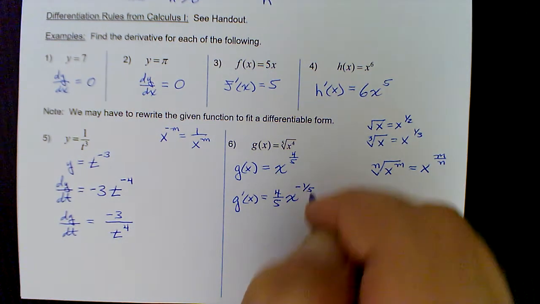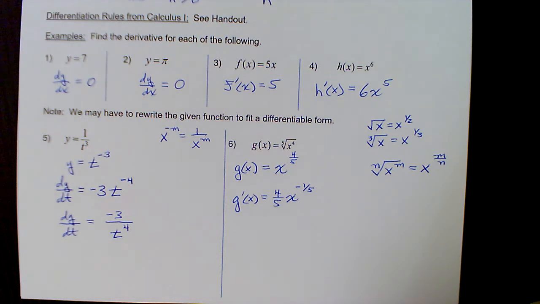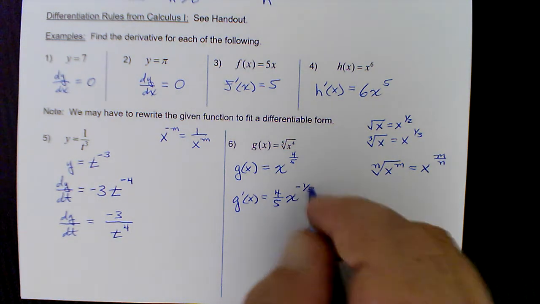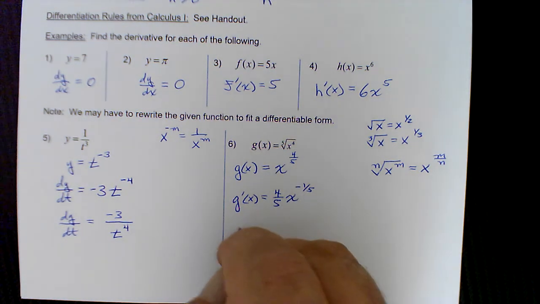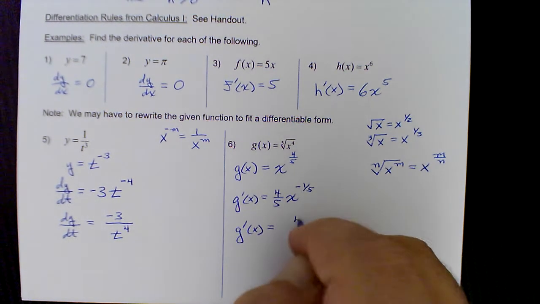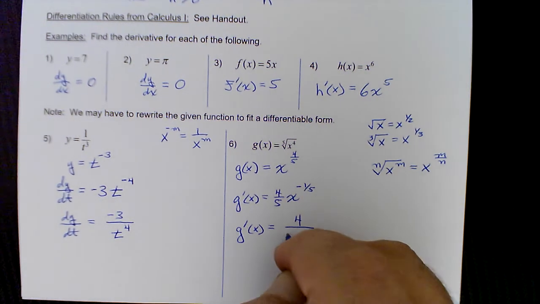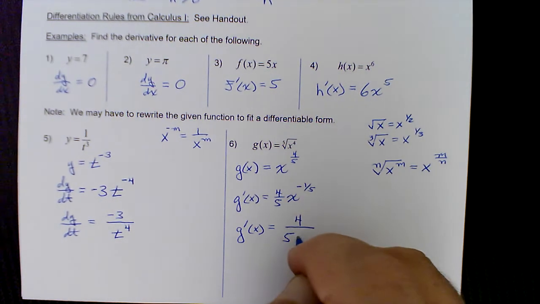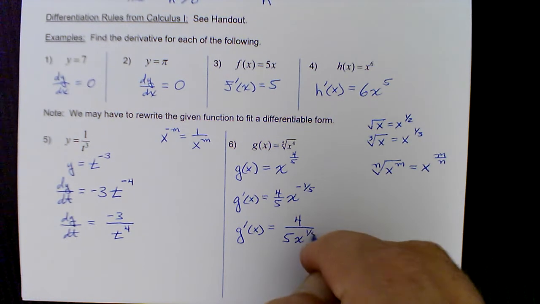So make sure you're good with your fractions. And then we don't want to leave that answer again because we just agreed no negative exponents. So g prime of x becomes, okay, we already have a fraction, 4 in the numerator, and now the 5 in the denominator is joined by x to the positive 1/5.